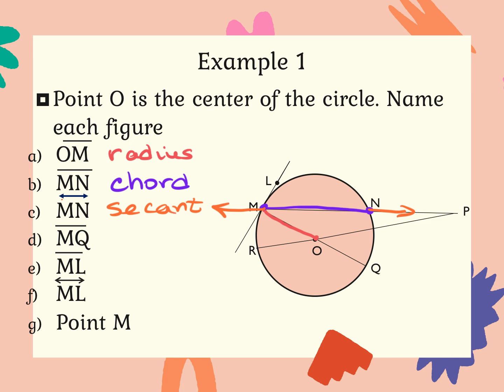Remember, a line goes forever. And then MQ is from side to side or edge to edge, but notice this time it's going through the center point, which makes this a diameter. Technically, it's also a chord, but the better name is diameter when it goes through the center.